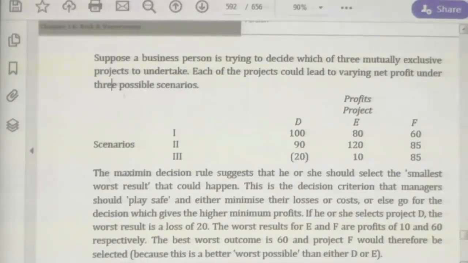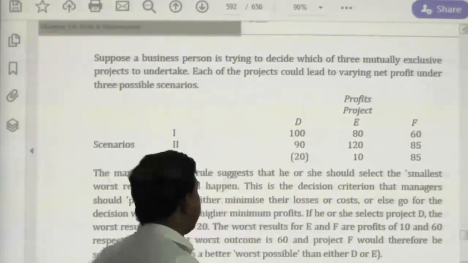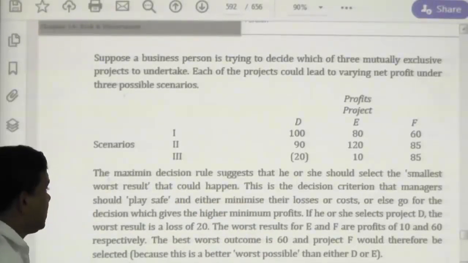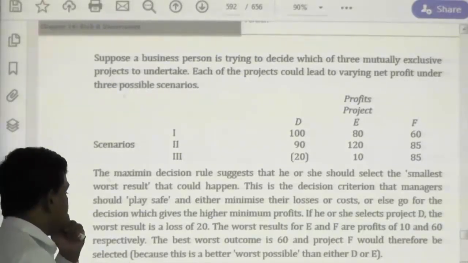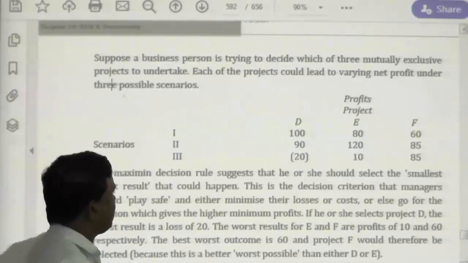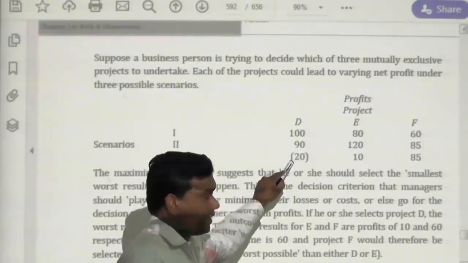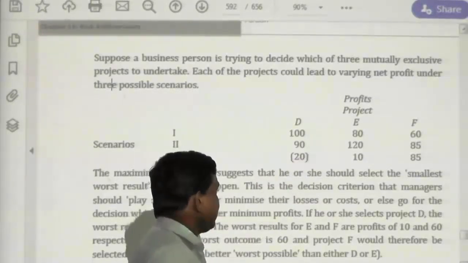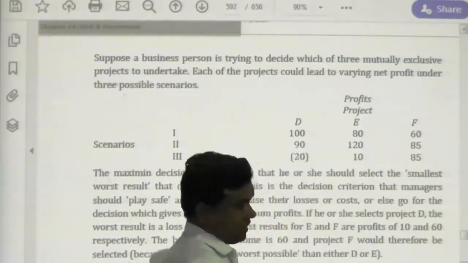Look at the word maxi-min. You will take the 3 projects, D, E and F. If you select project D, under the worst situation you have a loss of minus 20. If you select E, the worst scenario will be 10, the lowest one.